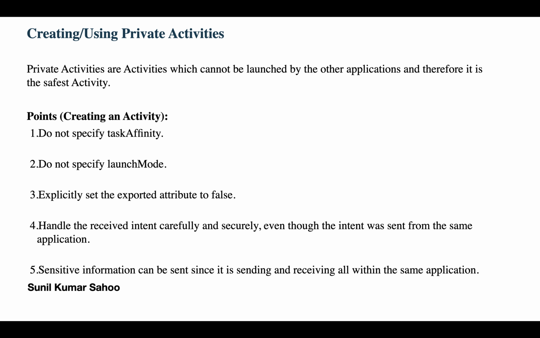As we found, private activities are activities which cannot be used by other applications, therefore it is the safest activity. But there are some key points to remember while creating a private activity. First, do not specify task affinity, do not specify launch mode, and in the manifest explicitly set the exported attribute to false.